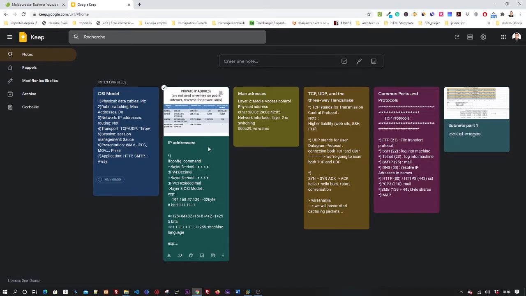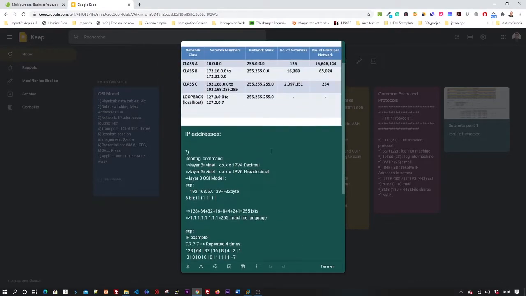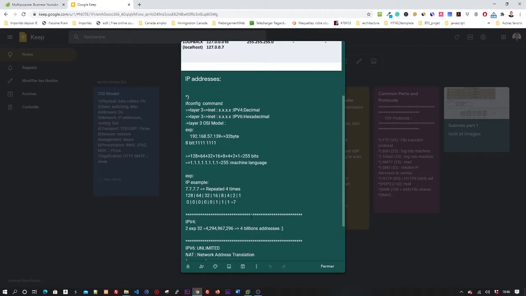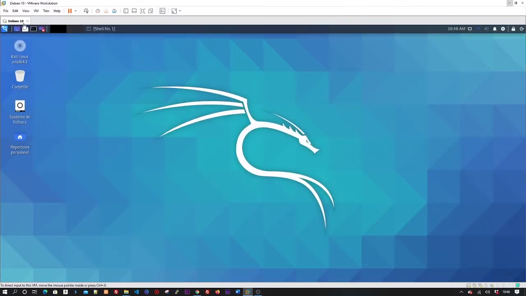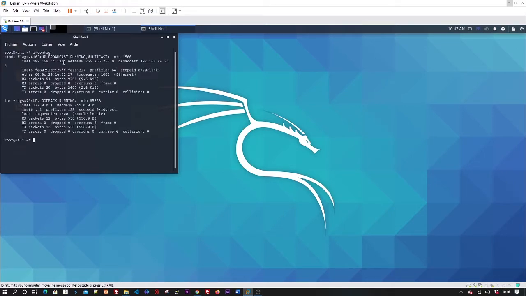Now we move to the IP addresses. We talk a little bit about some binary lessons here. If we type ifconfig in our terminal on Kali Linux, for example, I will get an IP address which is called inet, which contains 4 numbers separated with dots: 192.168.44.130.